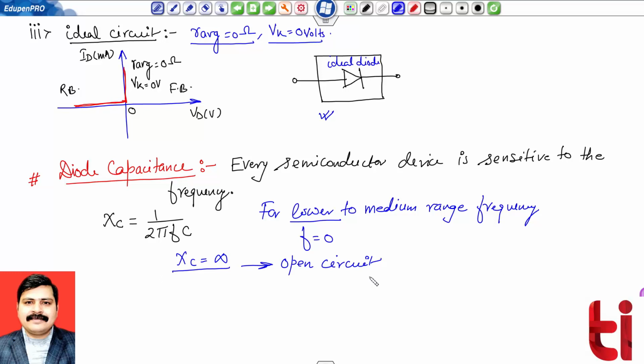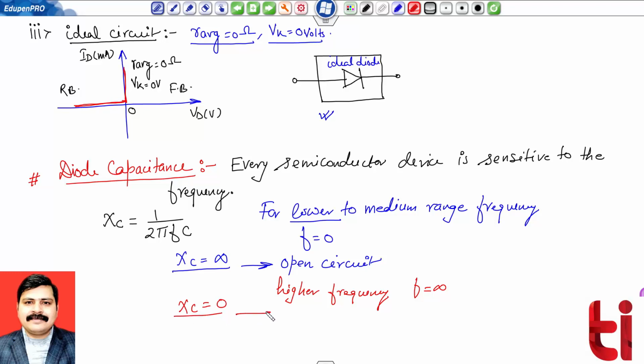It will not have too much of an impact, but on the other side, if I am considering a higher frequency, say f equals infinity, then you can check the value of Xc is 0.